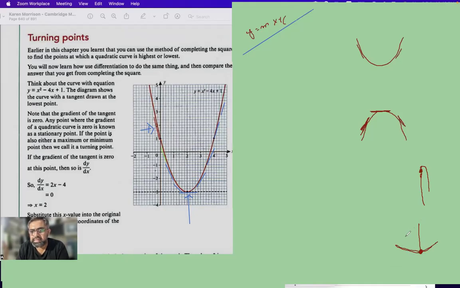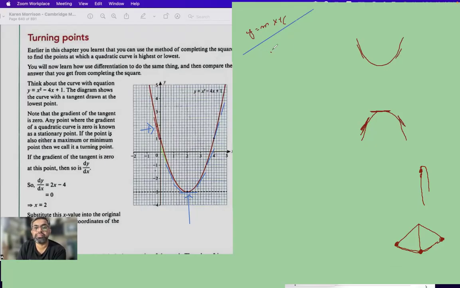When it changes its direction, its movement becomes zero. So whenever it has to change direction, it becomes zero. The same thing happens with the slope. When the slope changes its direction from positive to negative or from negative to positive, it has to go through slope equal to zero.